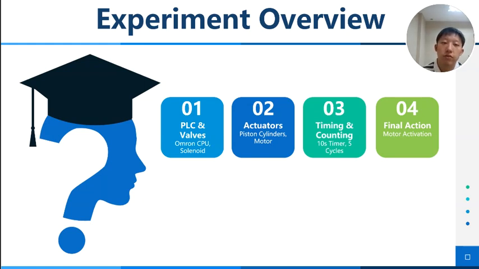The control flow is straightforward. Upon starting, the pistons move in sequence controlled by the timer. The counter keeps track of these cycles, and once it hits 5, the motor is turned on.